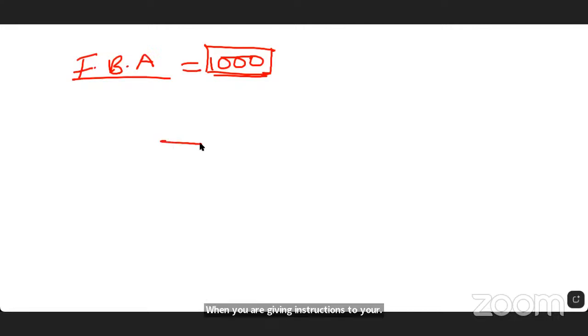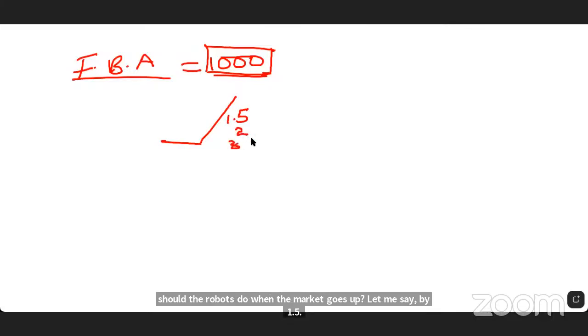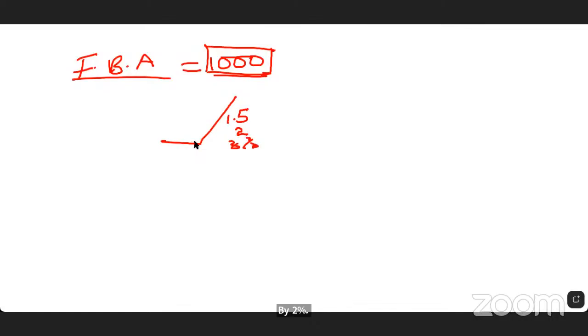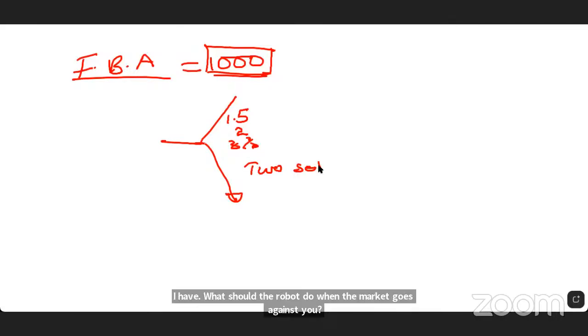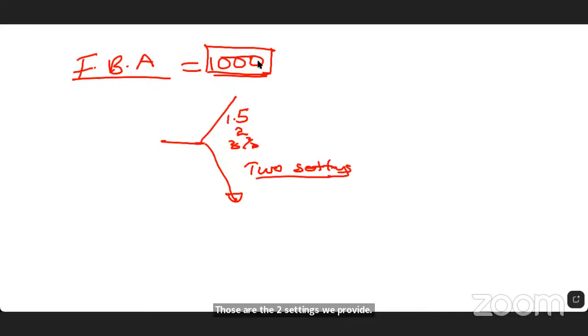From the price you have entered, what should the robot do when the market goes up, let me say by 1.5, take profit by 2%, by 3%? And what should the robot do when the market goes against you? Those are the 2 settings we provide. So how much of this should the robot start with?